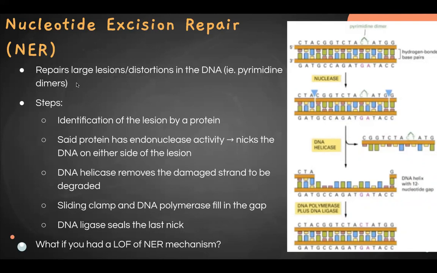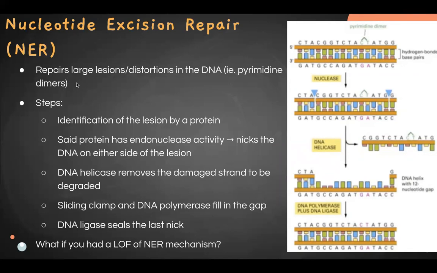But in this example on the right here, it occurs between a C and a T. So the way nucleotide excision repair fixes this is to identify the lesion using a protein, and this protein has endonuclease activity. So it nicks the DNA on either side of the lesion.